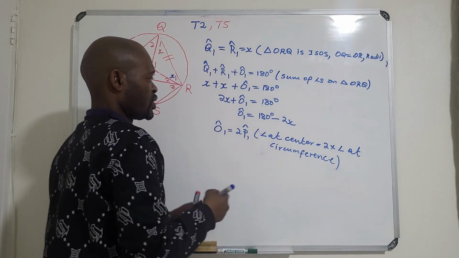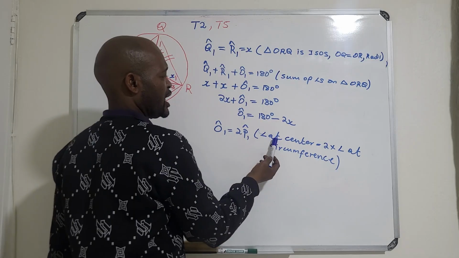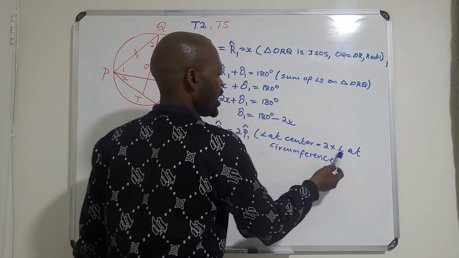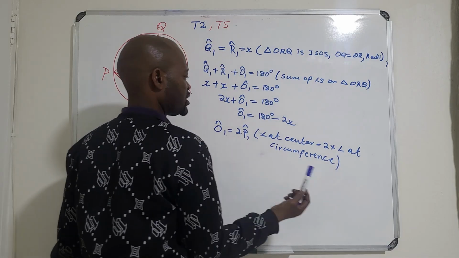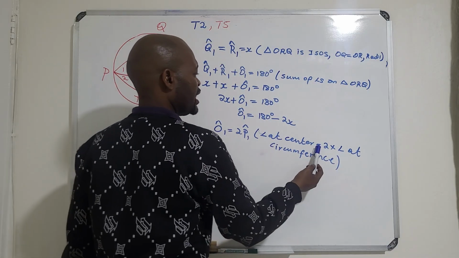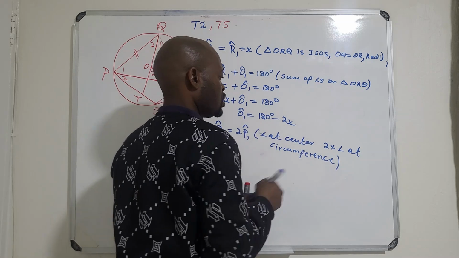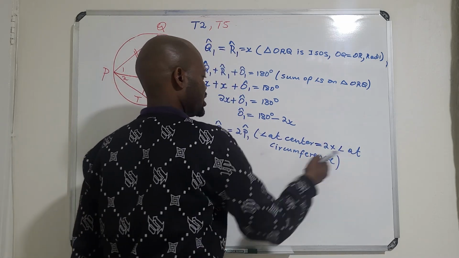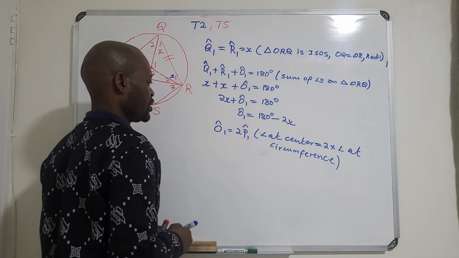If we wanted, we could have said angle at center is twice angle at circumference, or angle at center is equal to 2 times angle at the circumference, one and the same thing.